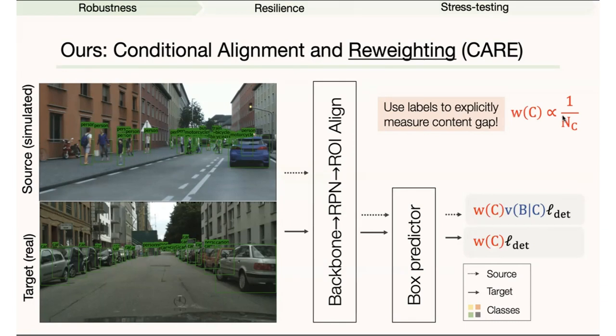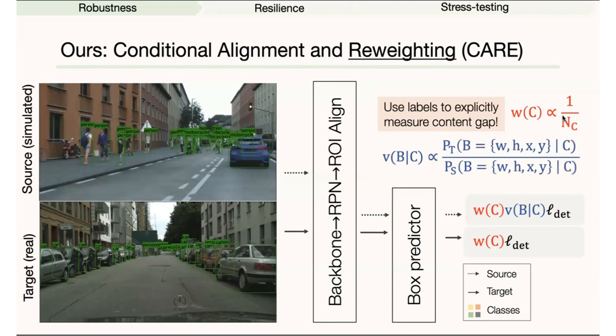But beyond just doing inverse frequency reweighting, we can also do class conditional box reweighting on the source. So what that means is we can do importance reweighting to upweight the loss for source boxes that have a size, denoted by W and H, which is width and height, and a location x and y that is underrepresented in the source.